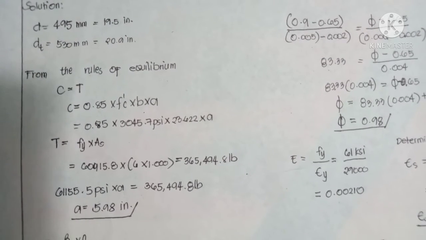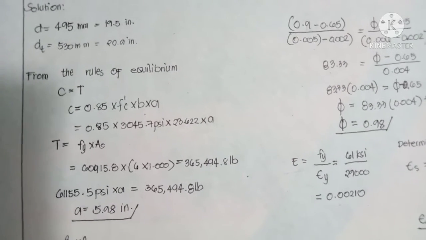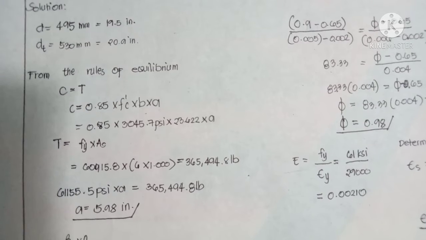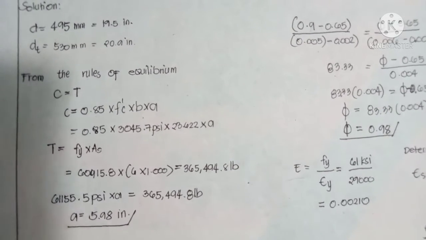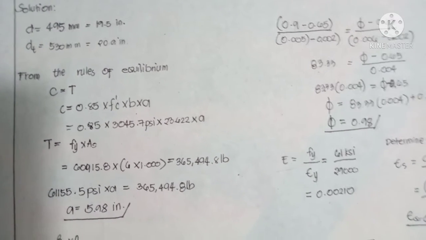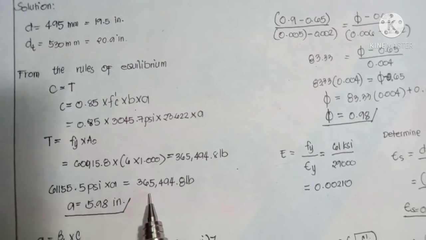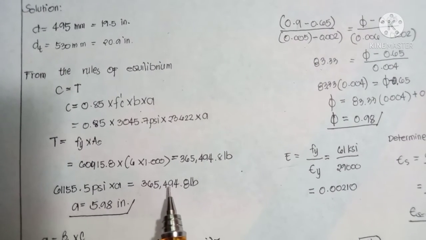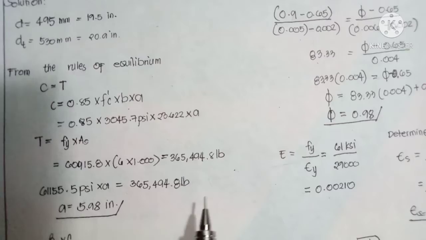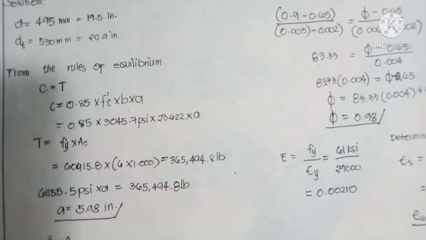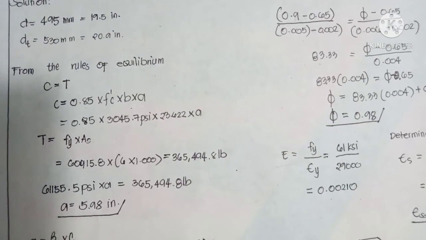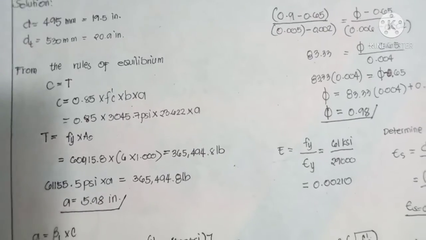We make an assumption that the steel yields and will later confirm if it does. We have the value of tension force as 365,494.8 pounds. This equation can now solve for the value of a, which is 5.98 inches.